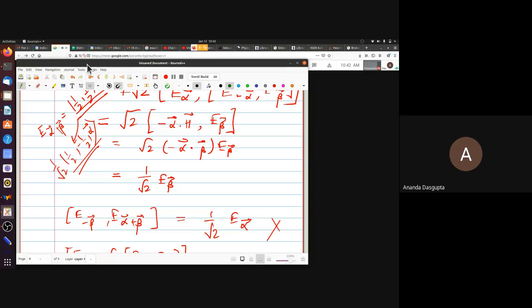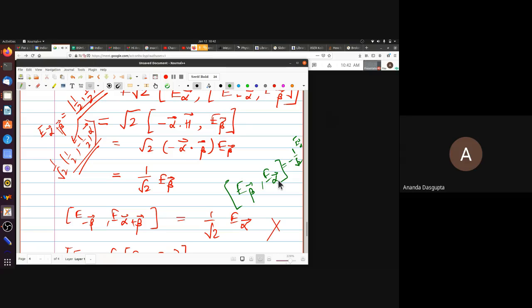So this argument that when I hit E beta by E alpha, I'm going to get E alpha plus beta by root 2 again, of course cannot be correct. In this case, you know that what you will get, as Monica was pointing out, is minus 1 by root 2 E alpha plus beta, right? Sorry, I'm running out of space on the margin here.